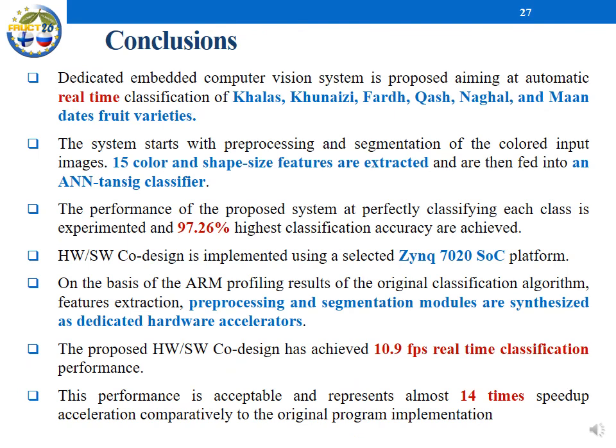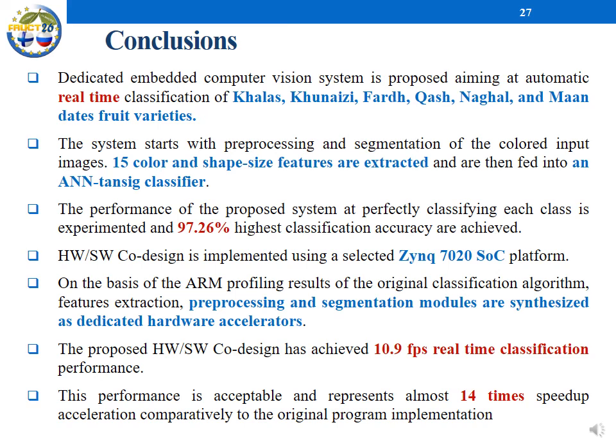In conclusion, a dedicated embedded computer vision system is proposed, aiming at automatic real-time classification of 6 classes: Khalas, Khriji, Fard, Cash, Nagar, and Mahan date fruit varieties.